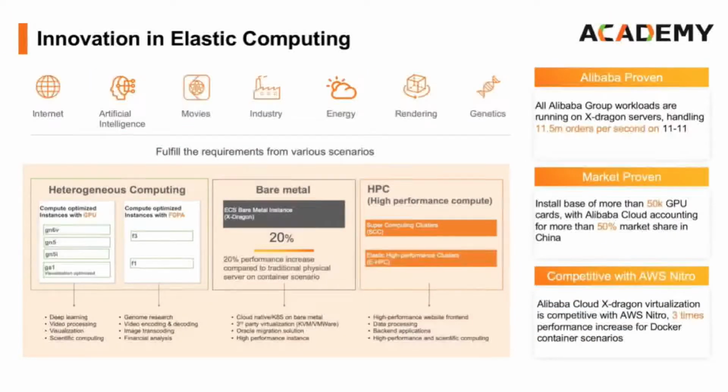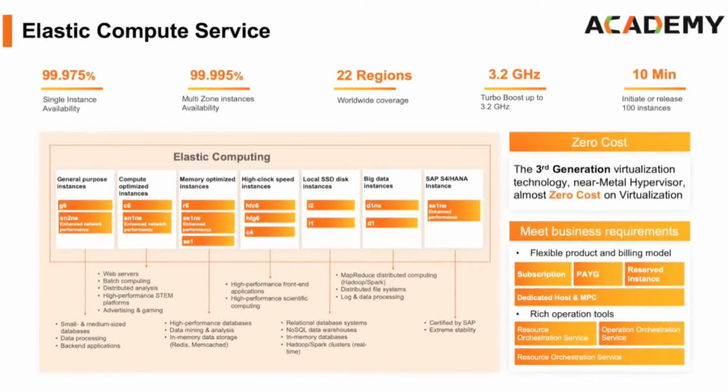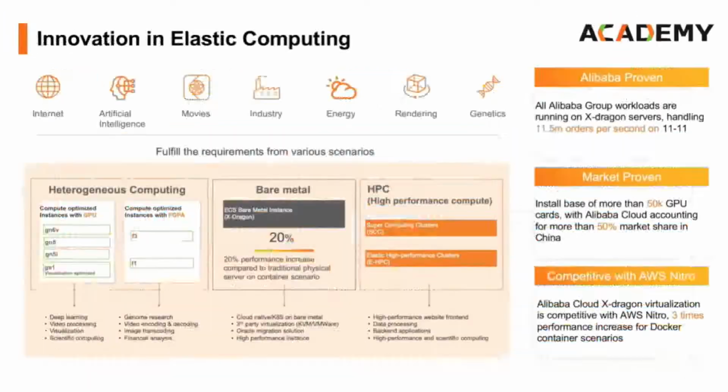Apart from the basic elastic compute instances, we have heterogeneous computing, which involves the usage of GPU and FPGA. This is for high performance computing, and we even have a specified ECS instance which can be used for high performance computing separately.